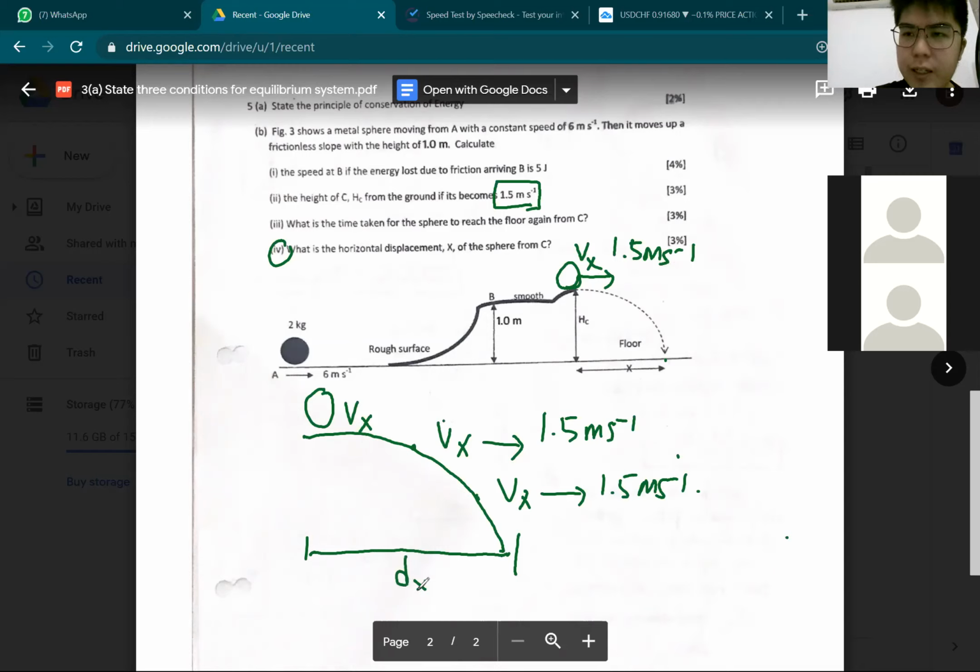To calculate the horizontal displacement, we use the same formula, s equals ut plus half at squared. Now, acceleration, is there any acceleration? We are only considering the horizontal movement. The horizontal velocity has nothing to do with the vertical velocity.